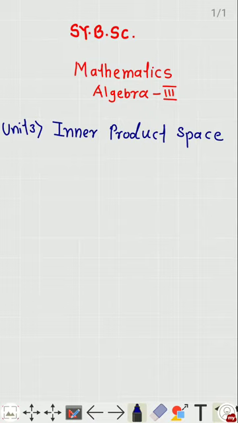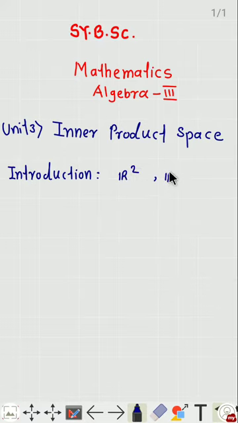Okay, so first of all, we have some introductory part, introduction. We are familiar with the notation of dot product of two vectors in a plane R2 or in a space R3.